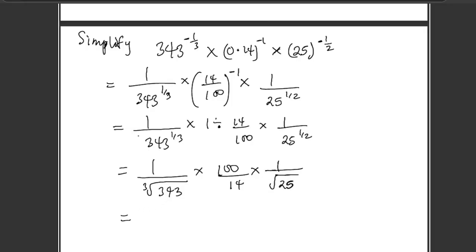And this equals 1 over the cube root of 343, which is 7, since when you multiply 7 by itself 3 times, you have 343. Then times 100 over 14, and times 1 over the square root of 25, which is 5. Then 5 into 100 is 20. And then the numerator is now 20, and the denominator is 14 times 7.